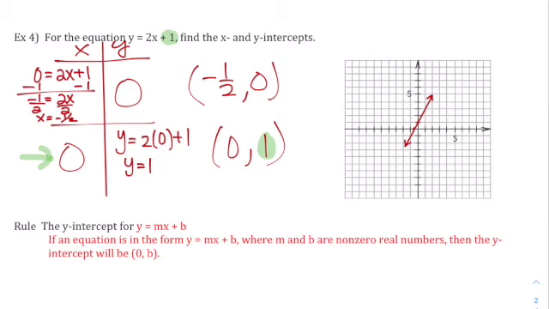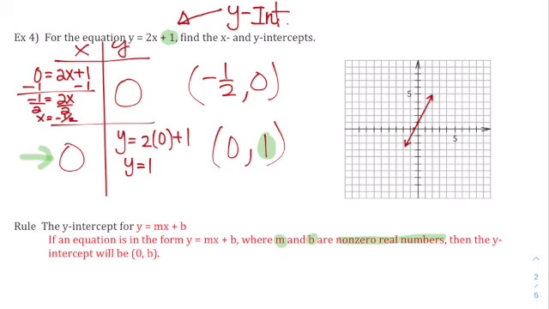If an equation is in the form y equals mx plus b, where m and b are non-zero real numbers, that's very important, then the y-intercept will be (0, b). So this number right here, the 1, is your y-intercept.